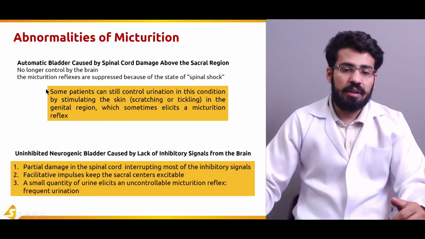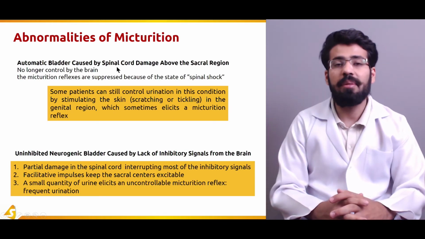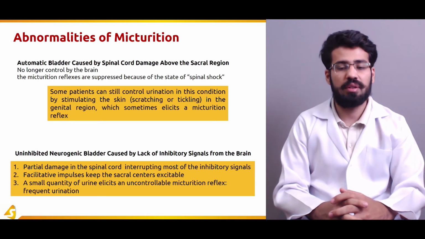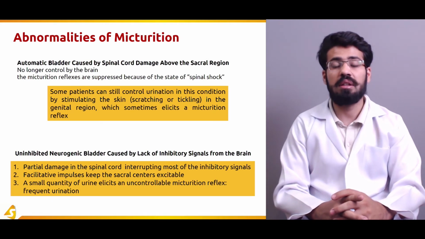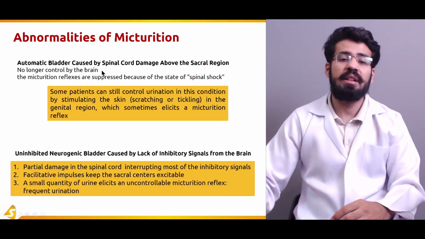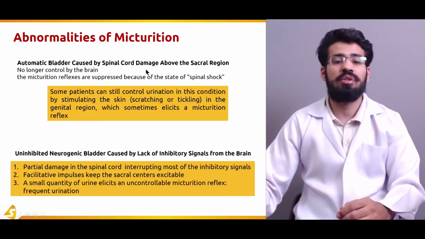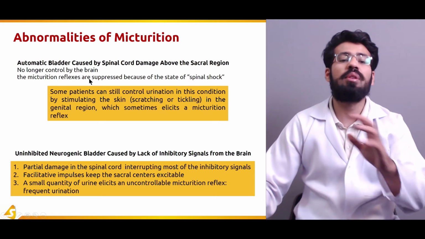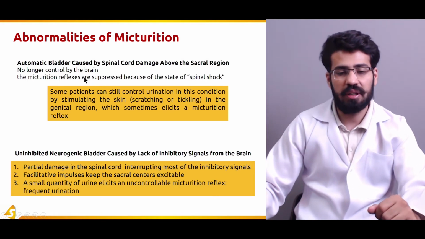The automatic bladder is caused by spinal cord damage above the sacral region. Now, the sacral region I have discussed in detail in the bladder slide as well. When this particular portion is damaged, the brain will have no control over this region.